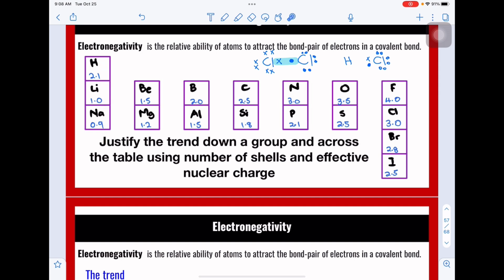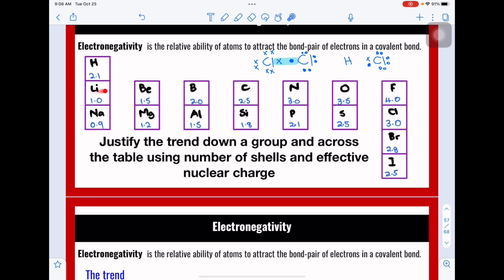Going down the group, you guys could probably figure this out. Again, the thing that would attract electrons to a specific atom is the nucleus. So if you increase the number of shells, it means you are hiding the nucleus. There's too much shielding, so these electrons cannot be attracted because the nucleus is shielded, the thing that would pull the electrons. Okay, so as we increase the number of shells and increase the distance to the nucleus, we decrease electronegativity.